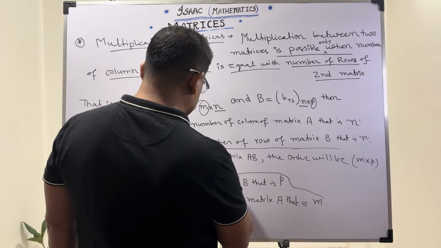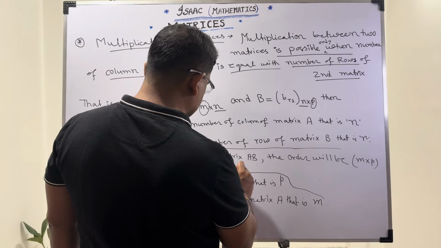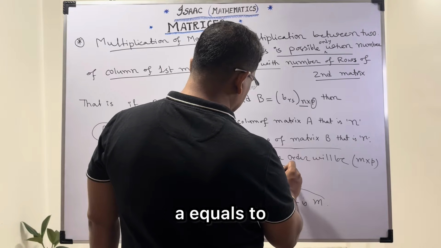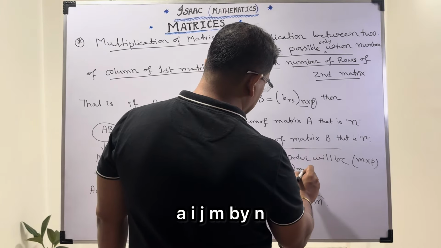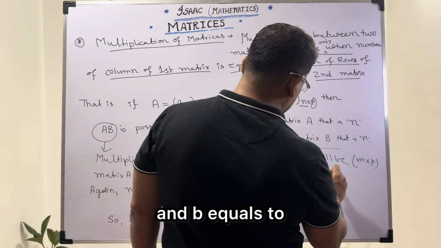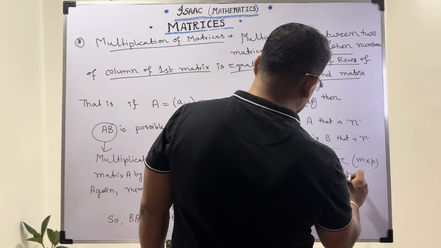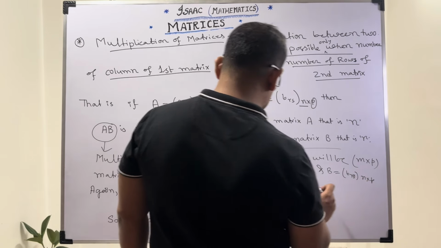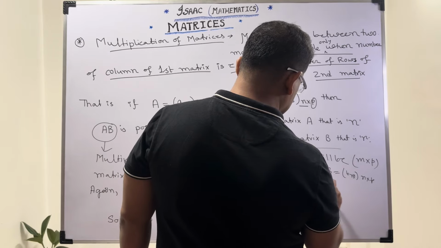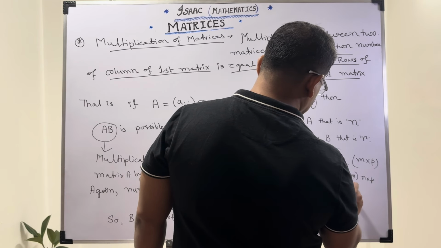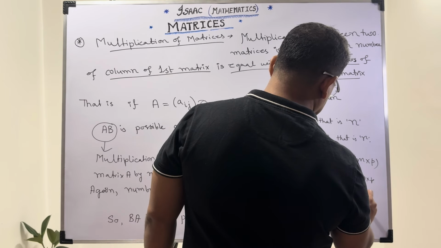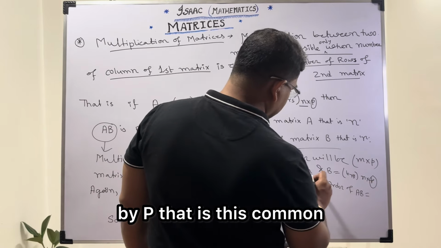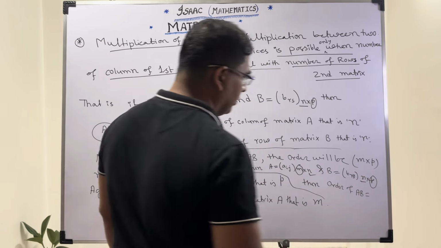That is, when A equals Aij, M by N, and B equals Bij, N by P, then order of AB equals M by P. That is, this common N will be removed.